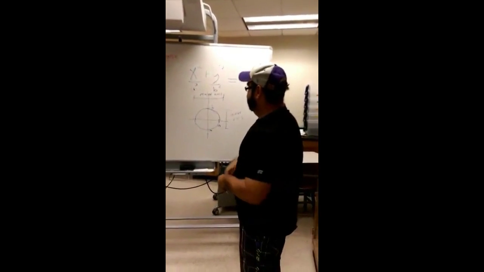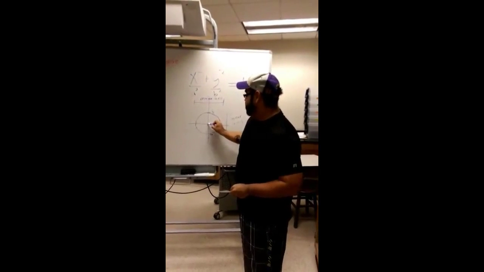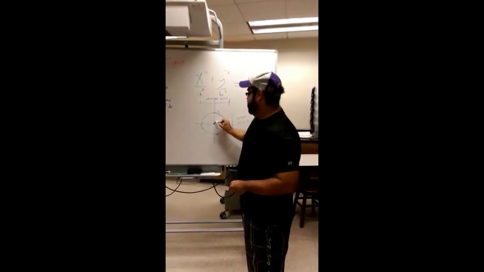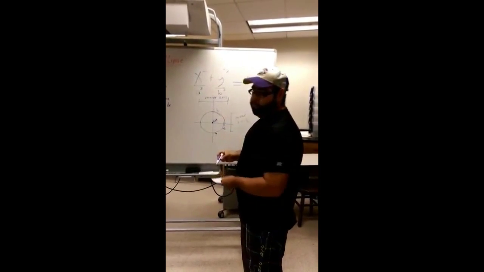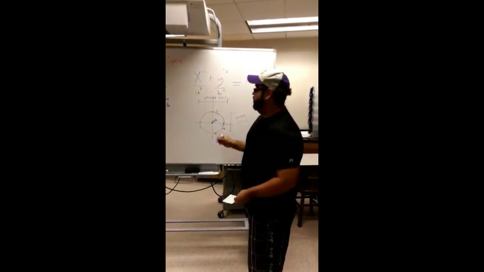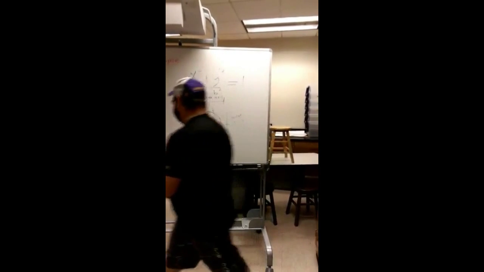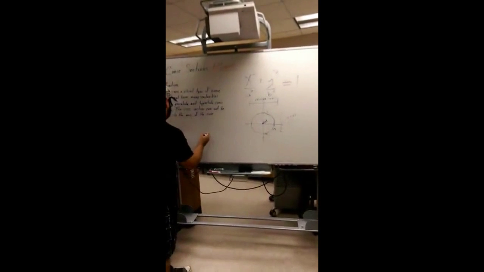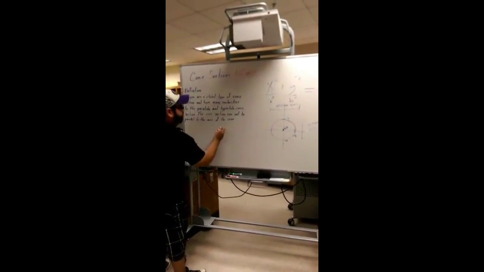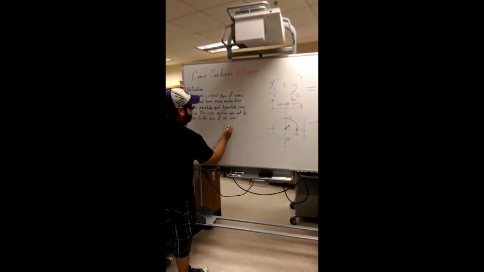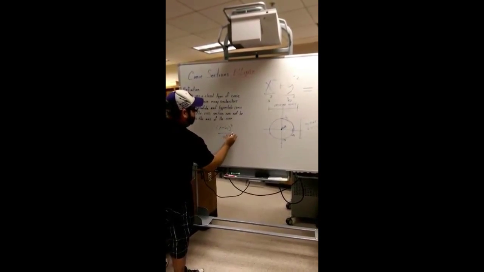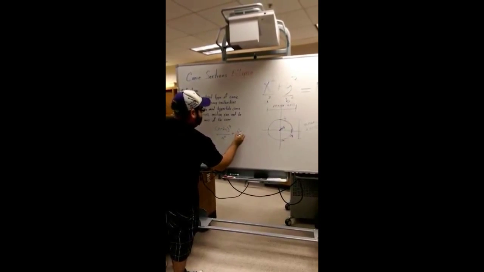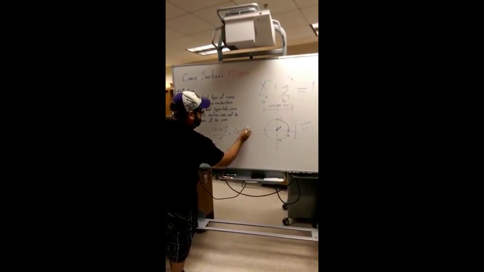Now, notice that I started from the origin, which we all know is 0, 0. But if we were to start from any other point, then the equation would change. And the equation is going to change looking like this. It's going to be minus k.